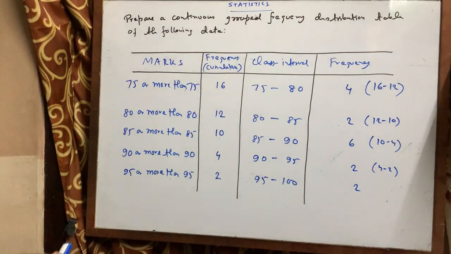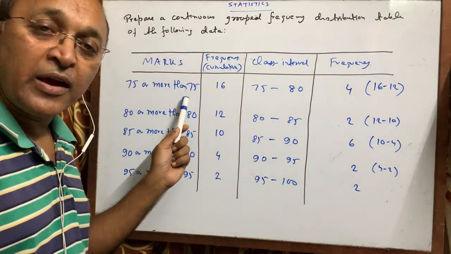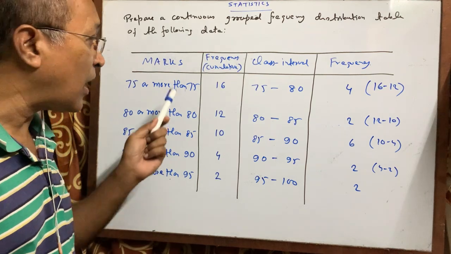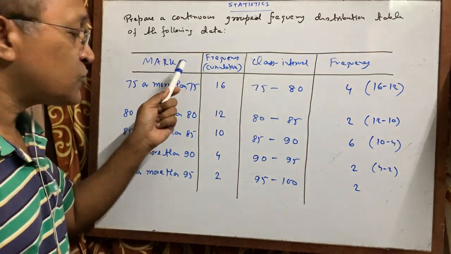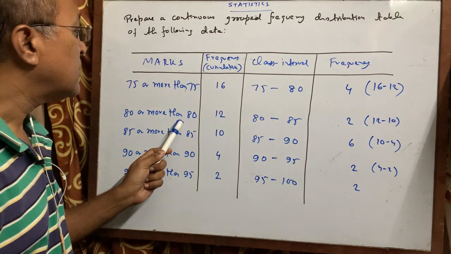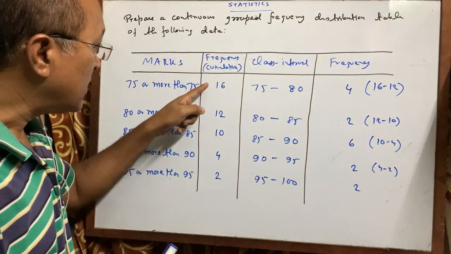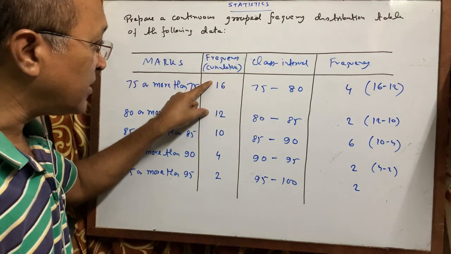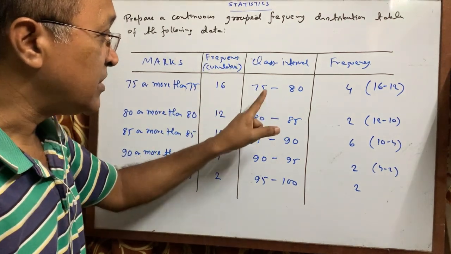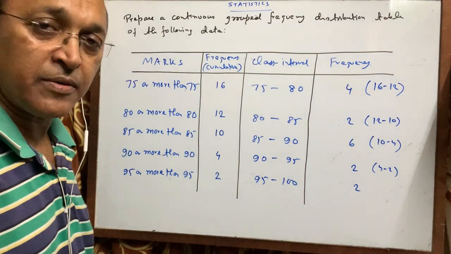So actually 75 or more than 75, there is the total number of students, which is 16. 80 or more than 80 is 12, which means in between, 4 students are there who got marks between 75 and 80.